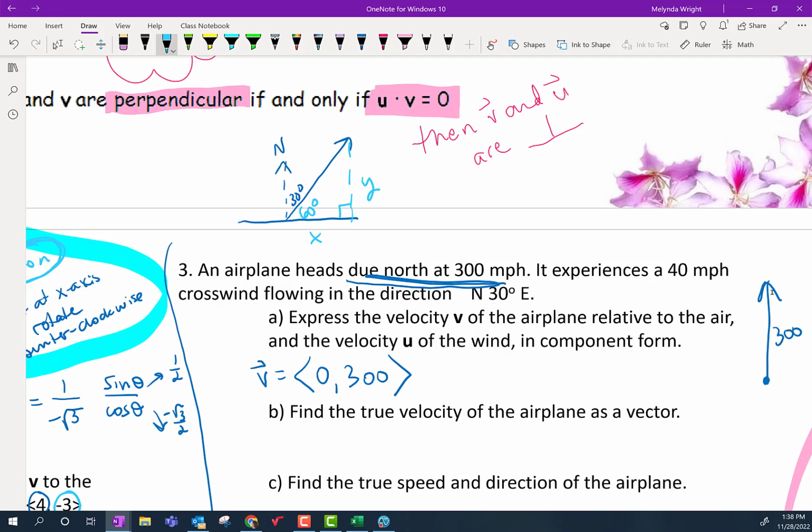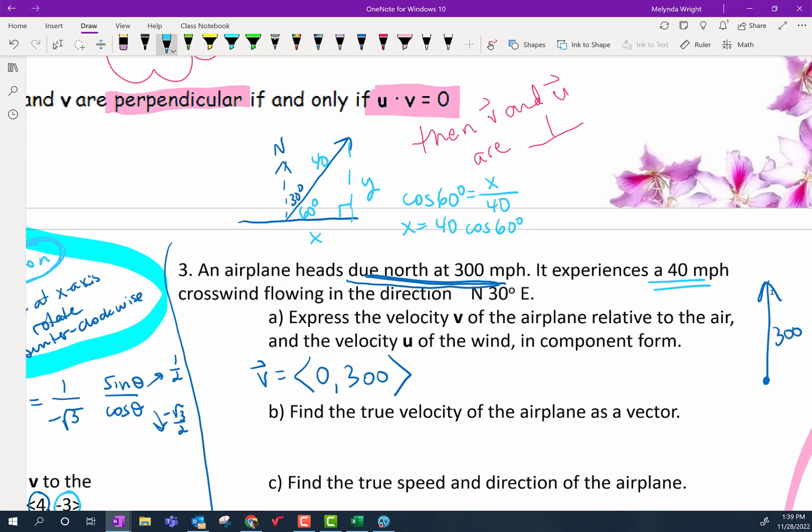Okay, so then we can do cosine of 60 degrees equals adjacent, which is x, over, and let's see, our magnitude is 40, so this is a length of 40, over hypotenuse, which is 40. So x is going to be 40 cosine of 60 degrees.